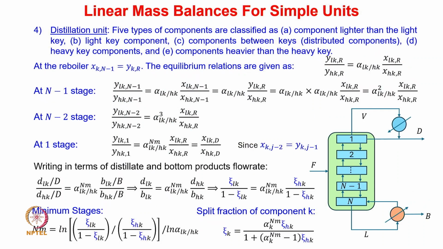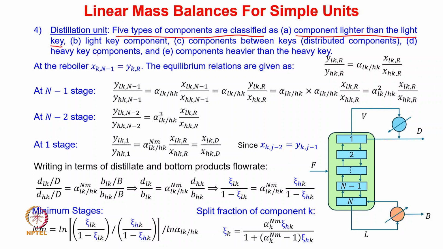So let's look at some of the equations which are required in specifying the material balance for the distillation unit. So as I said, in order to simplify the equations, 5 types of the components are usually specified. So first component which we are assuming here is a component lighter than the light key.